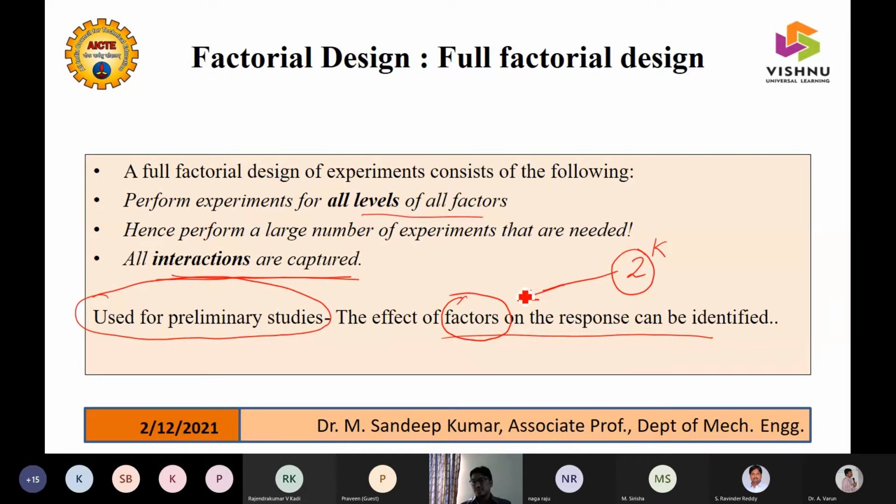If it is not affecting the response more, then we can omit that factor. So for fixing the factors, we do this 2 to the power of k. Or instead of 2, we can have 3, 4, 5, anything. That is completely full factorial experimentation.